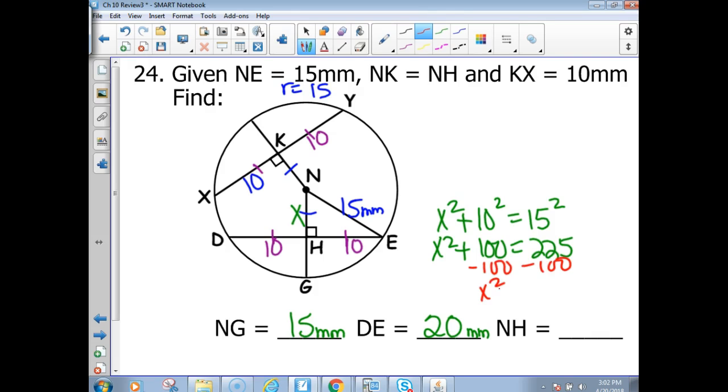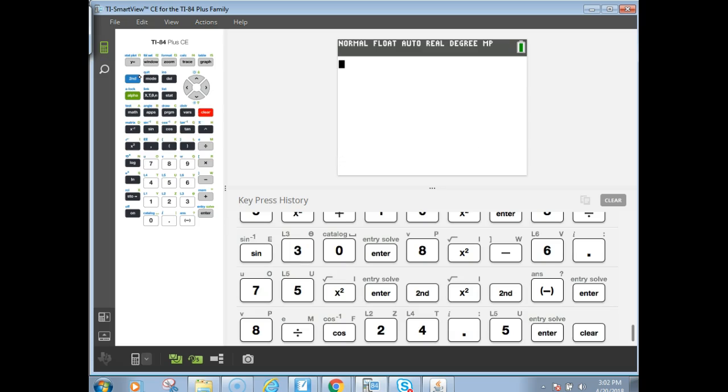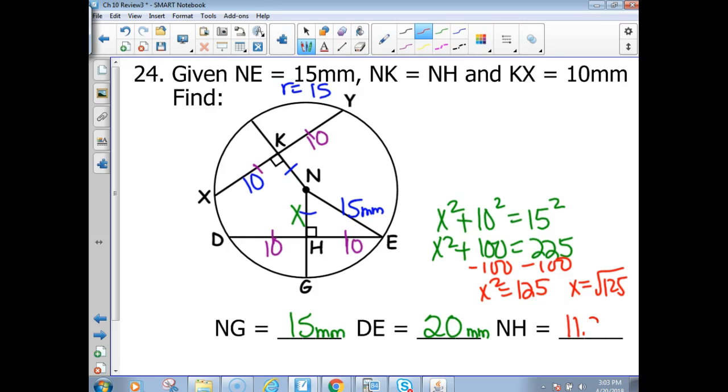I have x squared is 125, so I take the square root of 125. Square root of 125 is like 11 point something, 11.2 millimeters.